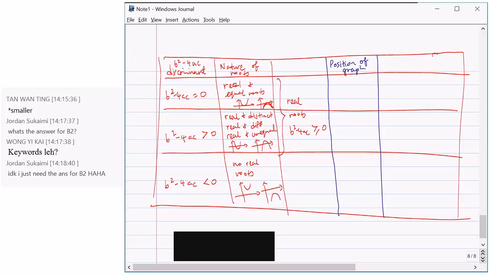Okay, if a graph is always positive or an output is always negative, then it looks like this, and we know that the discriminant must be less than 0. Because you realize these two graphs do not cut the x-axis at all. So this is what I mean by the graph being always positive or always negative.